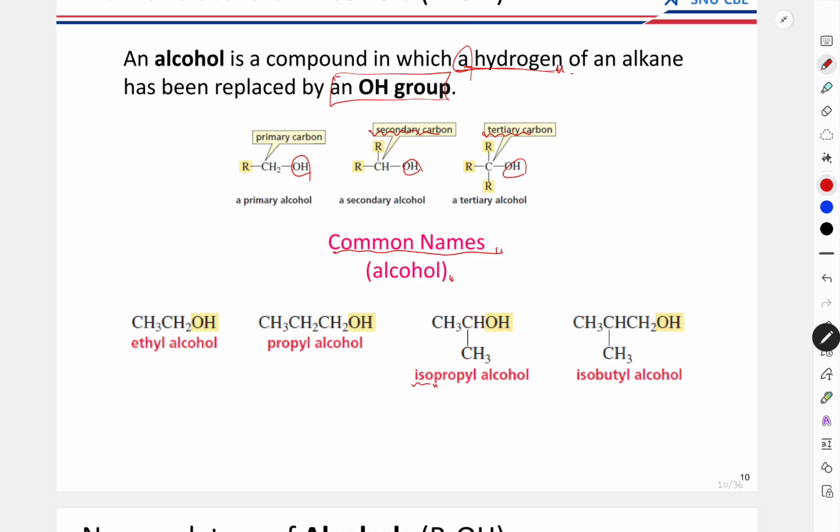And you have here another iso unit, but with one additional carbon. And this unit is called isobutyl. You have an iso unit with one more carbon, and this carbon is primary. So that's why you can call this entire moiety isobutyl and put alcohol at the end.